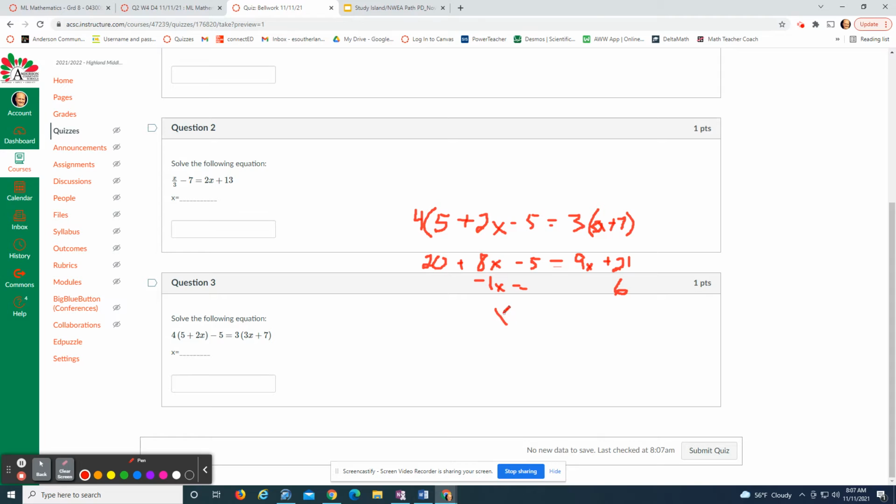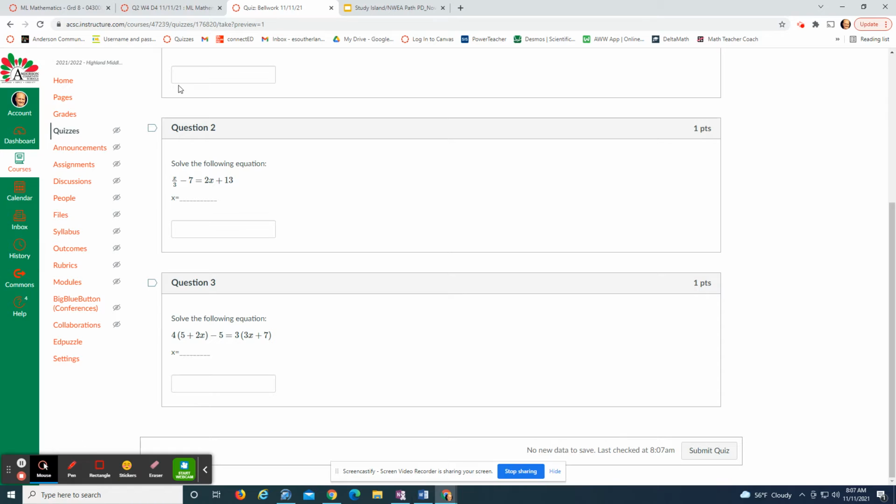Divide by negative 1, you get x is equal to negative 6. So you should have gotten negative 2, negative 12, and negative 6, I believe.